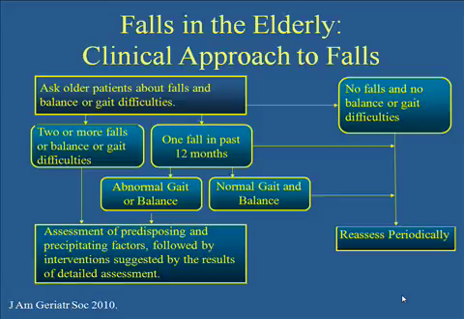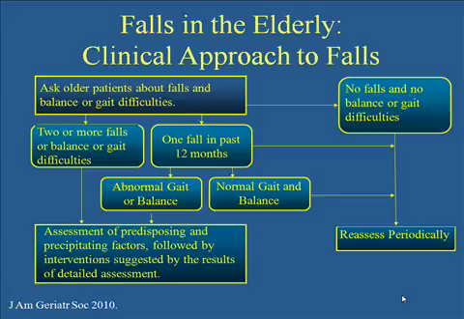Many of our patients will fall, and it will be just bad luck. They'll be doing something that they probably shouldn't have been doing on ice without Yaktrax on their feet, and will have had that fall in the past 12 months, but will deny any balance or gait difficulties. When you assess their gait and balance, if it looks pretty normal, you can, again, reassess them periodically.